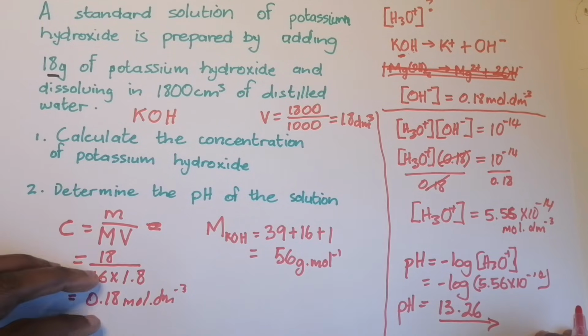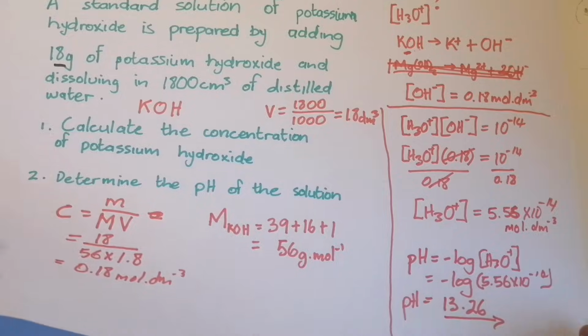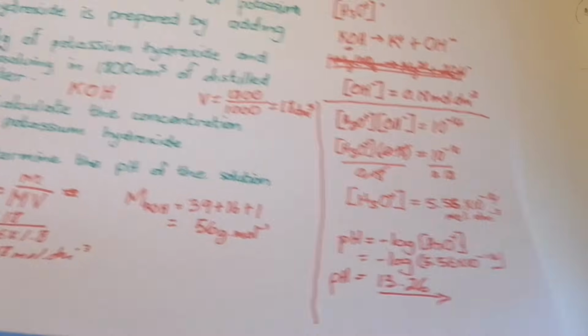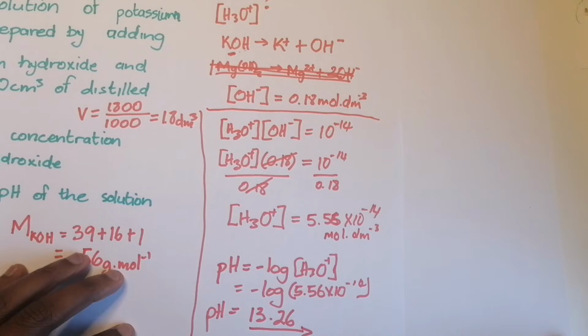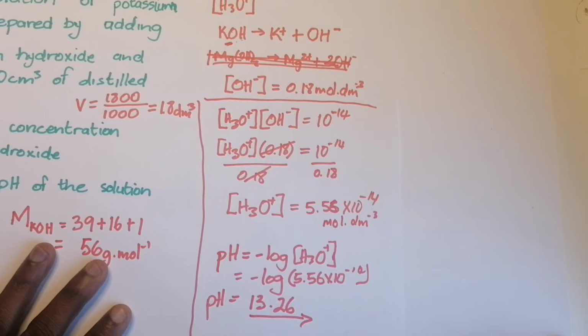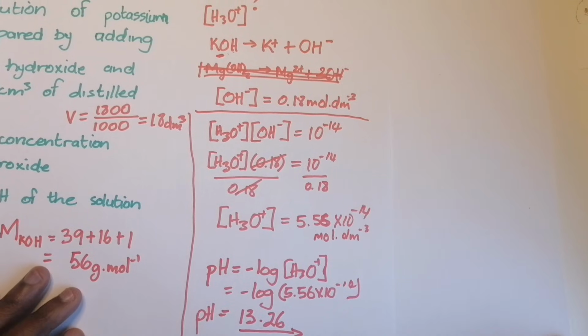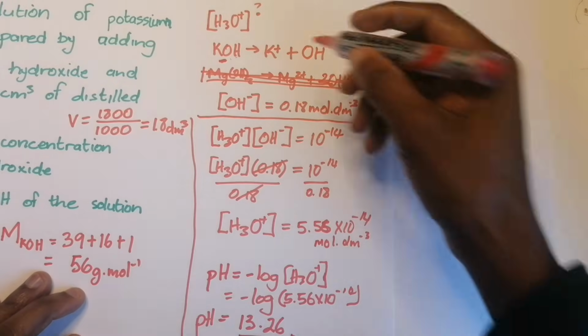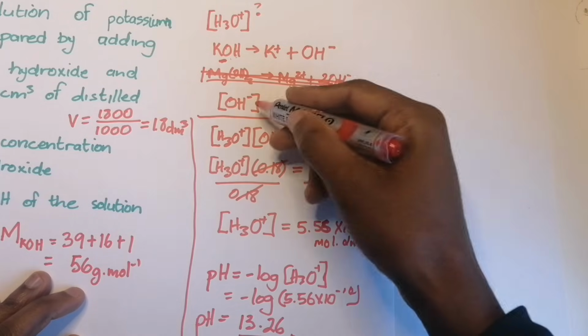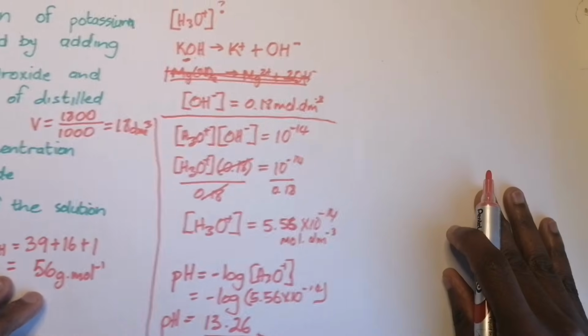By the way, we can still use the one for pOH. Let me do that on another piece of paper. Remember, we already found the concentration of potassium hydroxide.